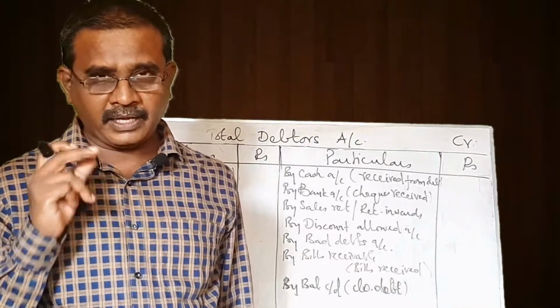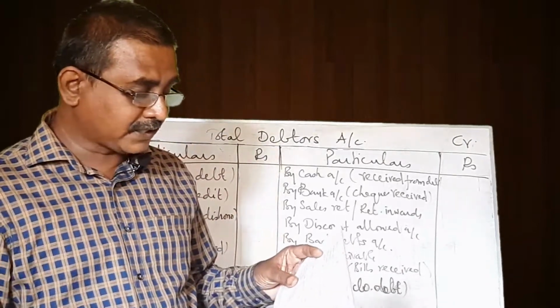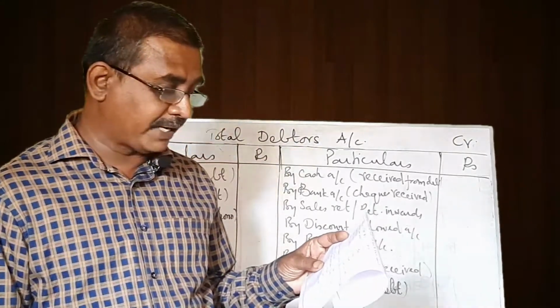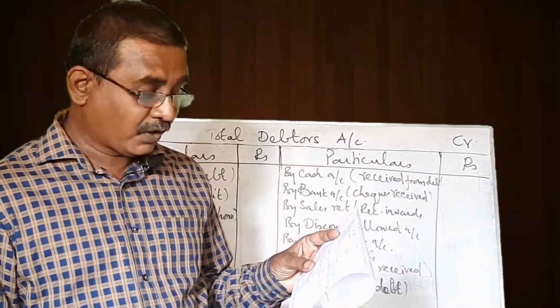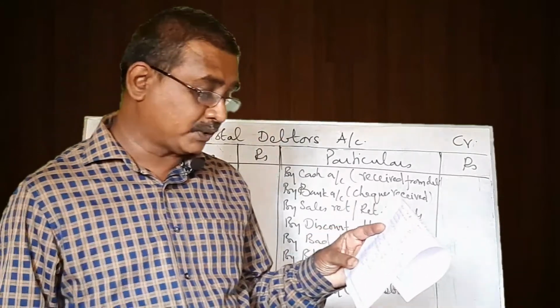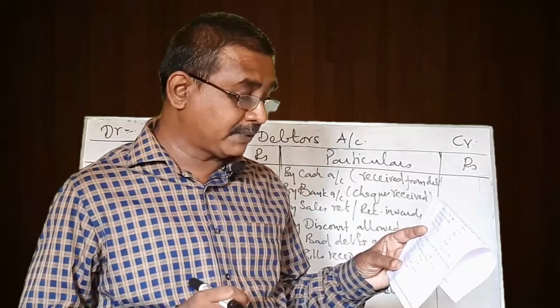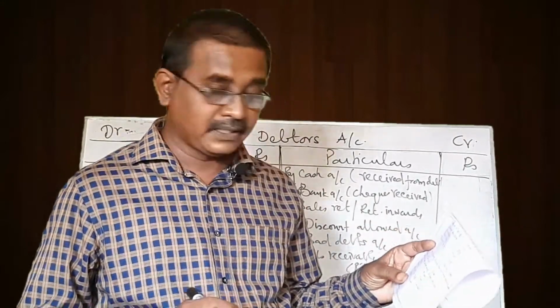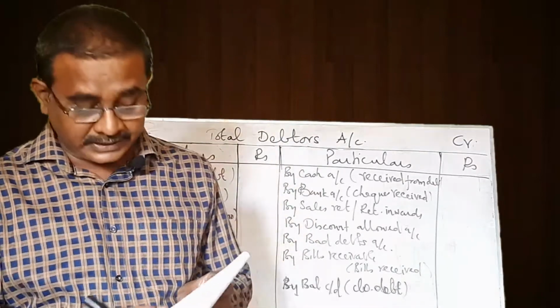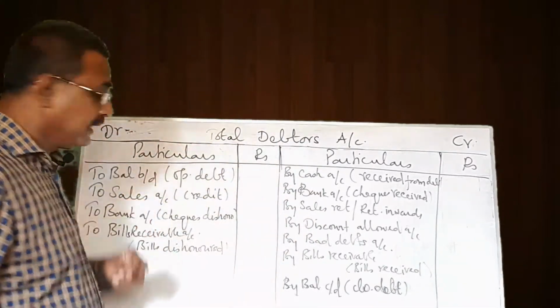Keep the formula in mind. Debtors on 1st January 2018, 1,30,000. Cash received from debtors during the year, 4,20,000. Sales return 35,000. Bad debts 15,000. Debtors on 31st December 2018, 2 lakhs. They have given cash sales. Leave that. This should not be taken into this account.